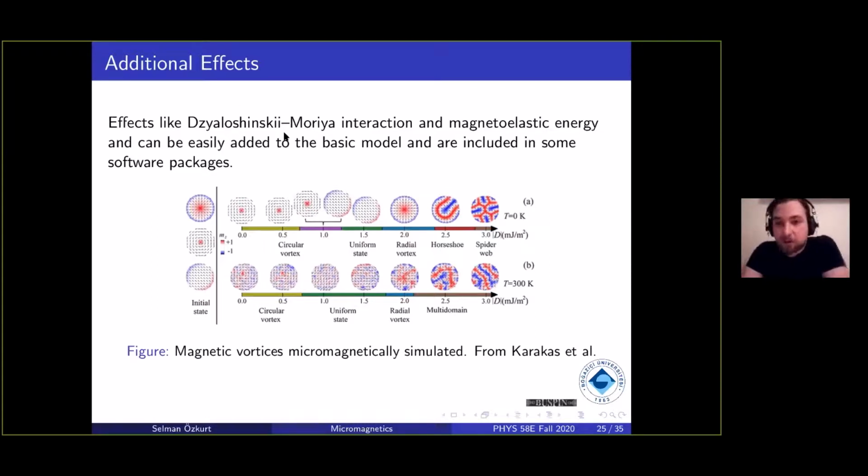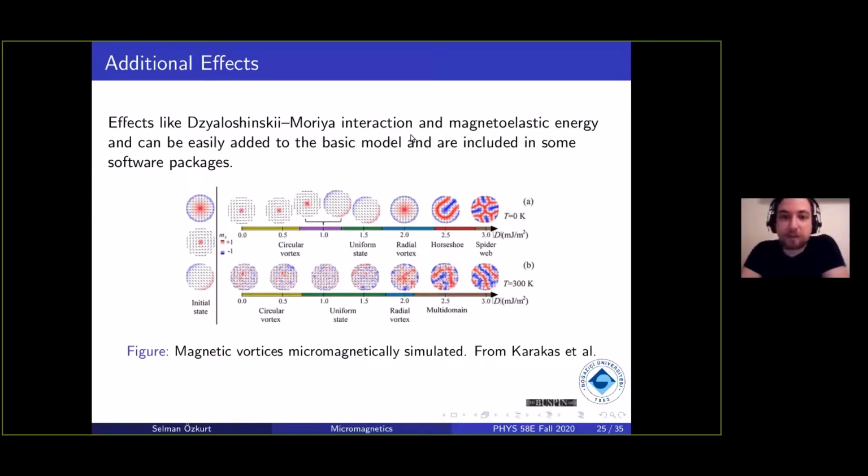And what I wanted to talk about in reality in this slide was additional effects that some simpler micromagnetic software packages may be lacking. These include the Dzyaloshinskii-Moriya interaction, which is the basic reason these fancy skyrmions are formed. The x-axis here is the strength of this interaction, the surface DMI interaction.